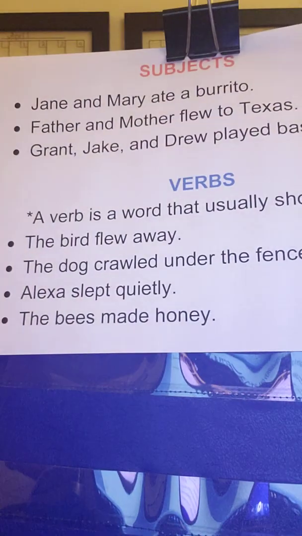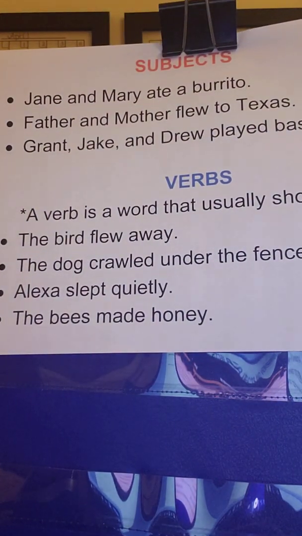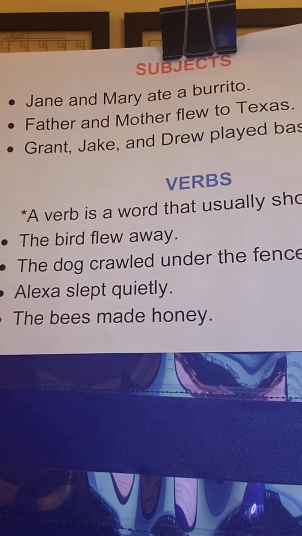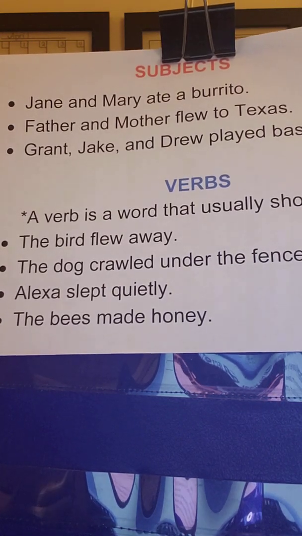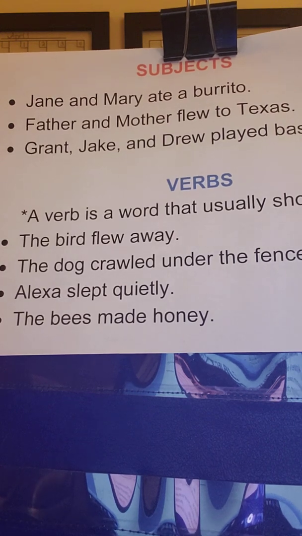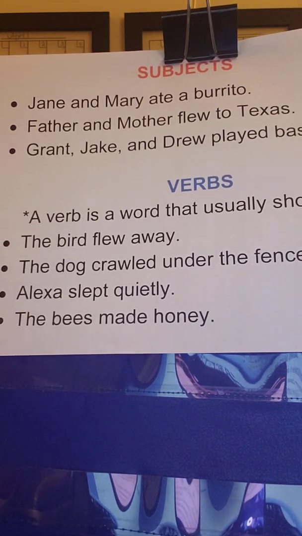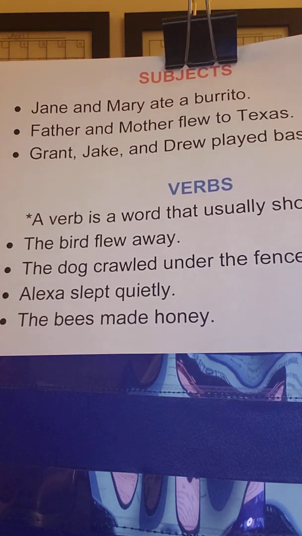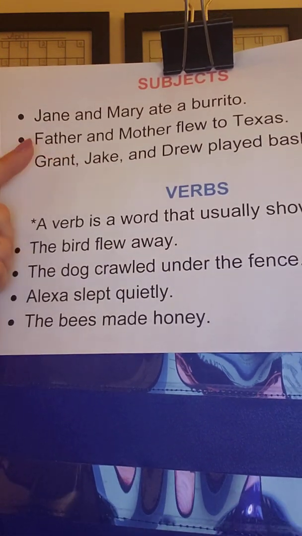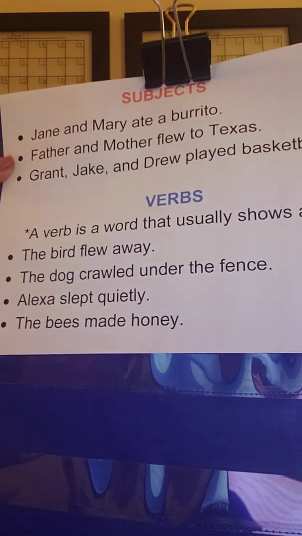All right, when we're talking about subjects, the subject of a sentence is who or what the sentence is about. Nouns are often used as the subjects of sentences. Sometimes a sentence can have one subject. Sometimes it can have more than one subject. So let's look at our first sentence up here at the top.